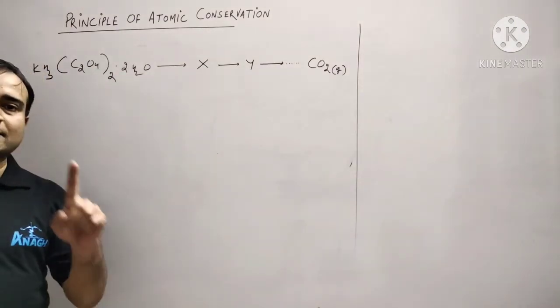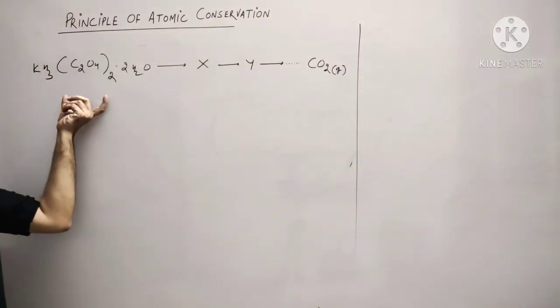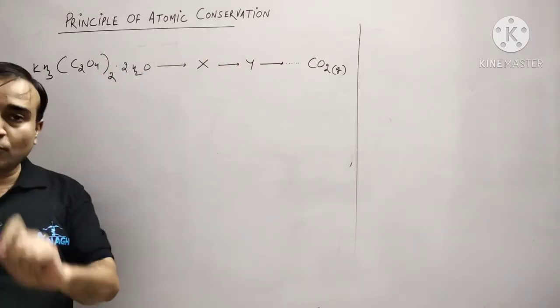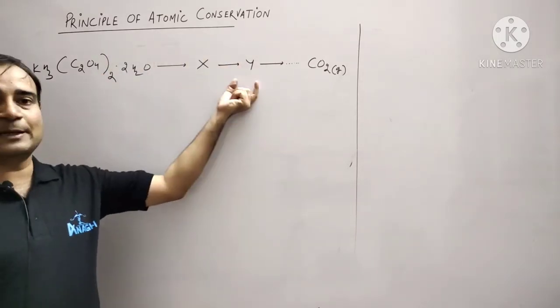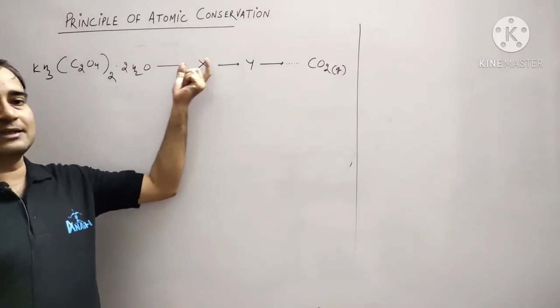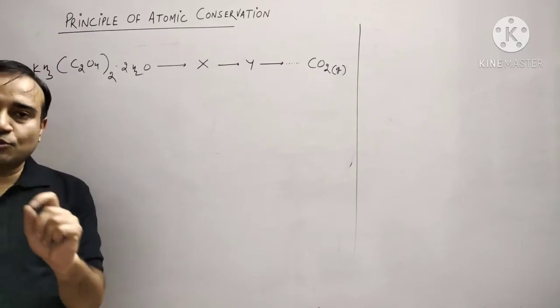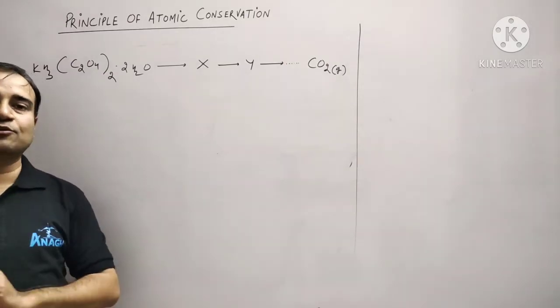But one condition is given that all carbon atoms of the salt are going to convert into CO2. But we don't know the intermediate steps, the reactants and products as well as their stoichiometric coefficients. This question can only be solved by using POAC.